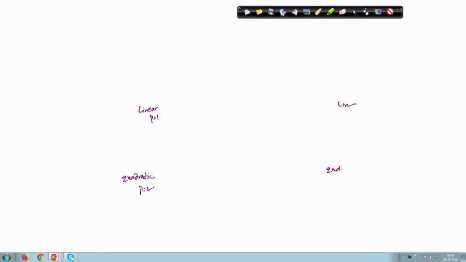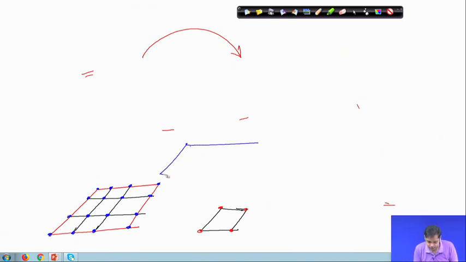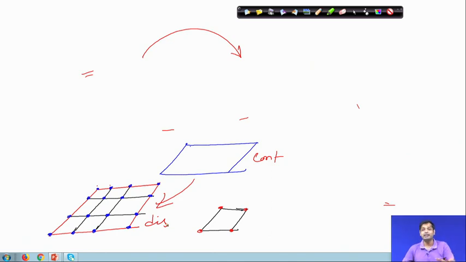When we say that an element is, for instance, if we take this case, in this case, your actual area was this, which is a continuous system having an infinite number of points, thereby having infinite degrees of freedom. But now this is represented by just a set of points, the collection of these points 1, 2, 3, 4, only 16 points. So, this is a continuous system, and this is a discrete system. In the discrete system, essentially we have a finite number of points.